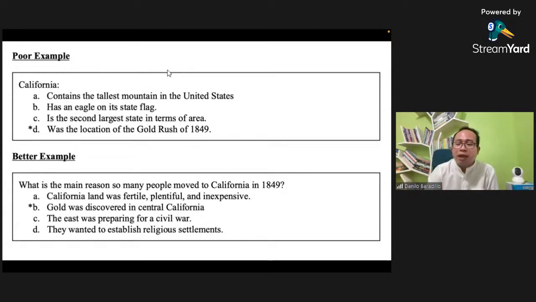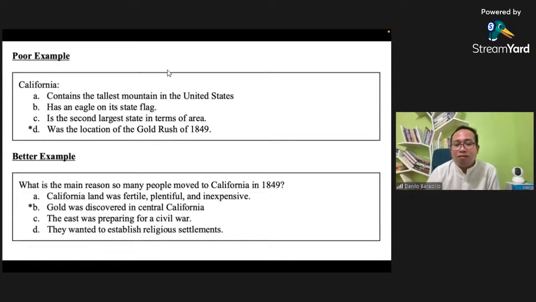So now we notice that this does not follow the principles of the stem. The stem should propose a problem. If I were a student and the test taker, I would not know what to do with the question. So that's a poor example of constructing the stem as regards how you would direct students on what to do.